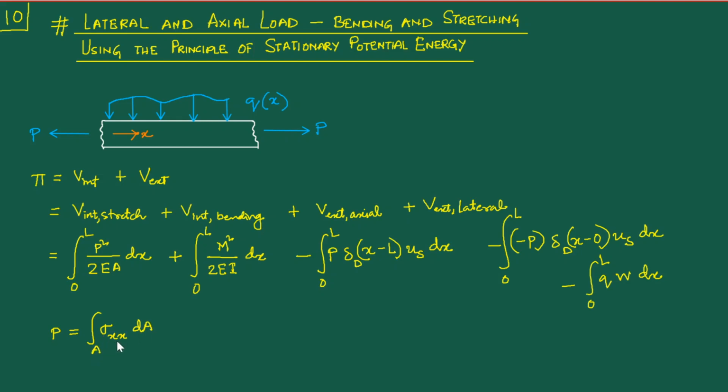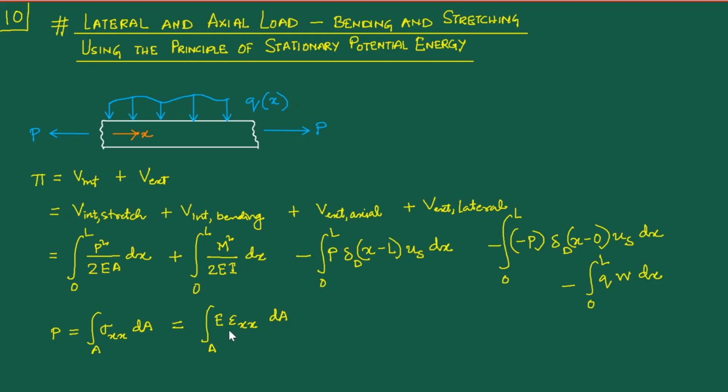So this is sigma xx integrated over the entire cross-sectional area. And that again considers a very simplistic kind of material behavior, basically the simplest of material behavior, like the Hookean material behavior.